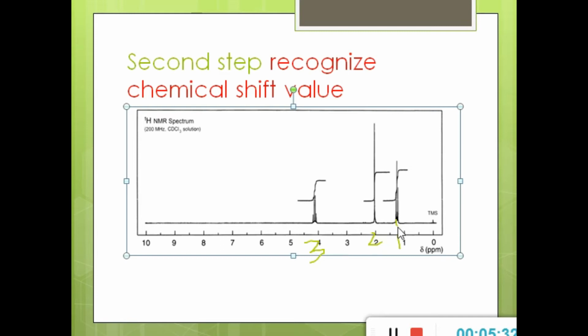This appears at about 1.3 ppm. Here I write 1.3 ppm. You will find in the literature that the 1.3 ppm value is due to the methyl group, and this gives us a triplet. It is very simple to know how many carbon atoms are present in its neighbor.